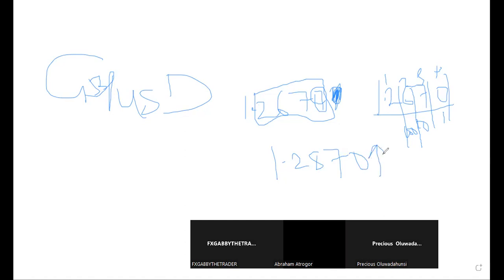Can anybody tell me? 10 pips, sir. No, this is GBP USD. Anything that does not have JPY, treat it that way. 200, sir. Thank you very much. 200. That's 200 pips. I love that.